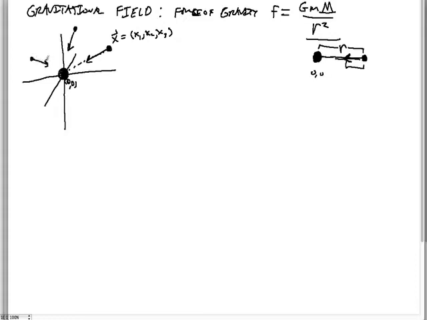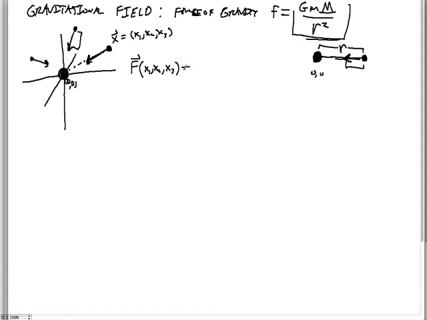Everywhere I put the mass, I have to come up with a force field or a gravitational field, x1, x2, x3, that will always produce these vectors and have the appropriate length, i.e. that they're going to have this length right here, and they're going to have a direction determined by this sort of always radially pointing inward. So how do we do that?